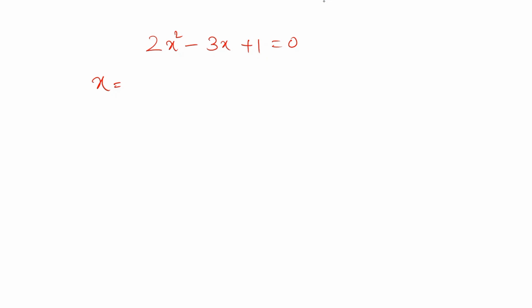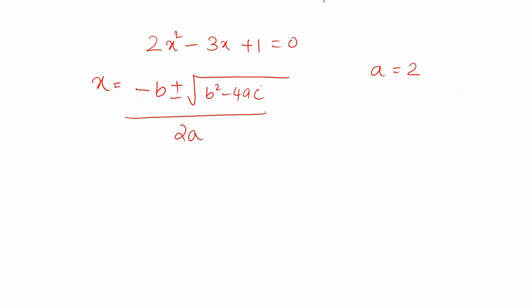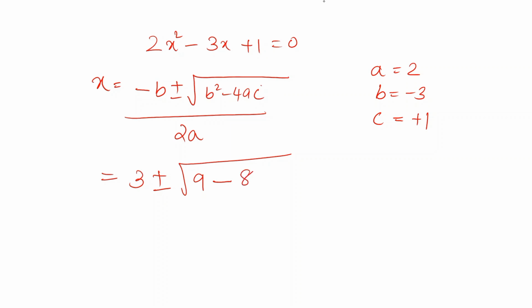I'm just showing here the formula for the solution of a quadratic equation, that is x equals minus b plus or minus root of b square minus 4ac, by 2a. Here a is 2, b is minus 3 and c is plus 1. Substituting this, minus b becomes 3 plus or minus root of b square, which is 9, minus 4ac, 4 times 2 times 1, 8, divided by 2a, 2 times 2, 4.